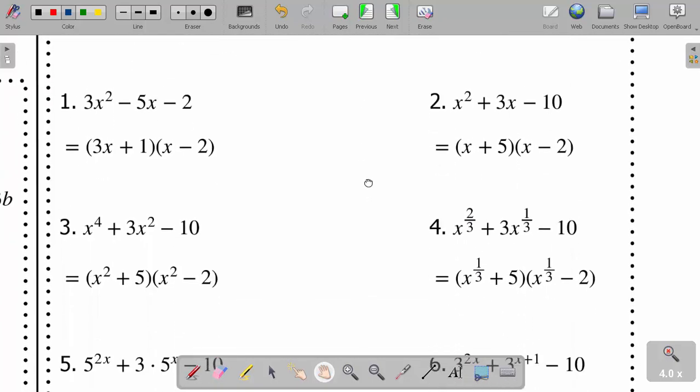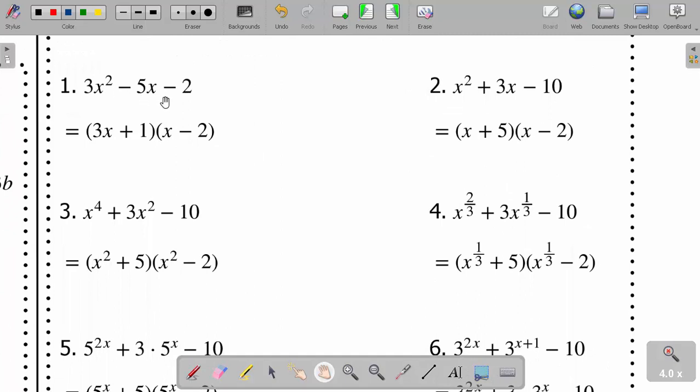Now they say factorize, and they give us 3x squared minus 5x minus 2. Because I'm going to have two brackets here, and the first term is 3x squared, it means that if I've got my 3x here, I must put x, because 3x times x must give me 3x squared. And because this is negative 2 here, for me to have a negative 2 at the end, this should be 3x plus 1 with a negative 2, because positive 1 times negative 2 will give me negative 2.